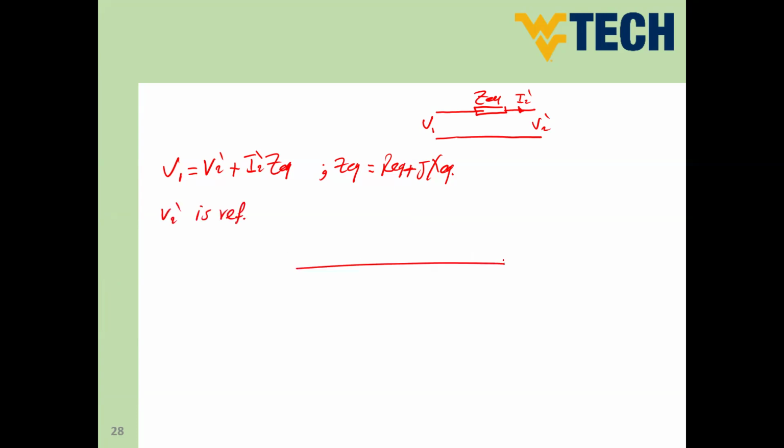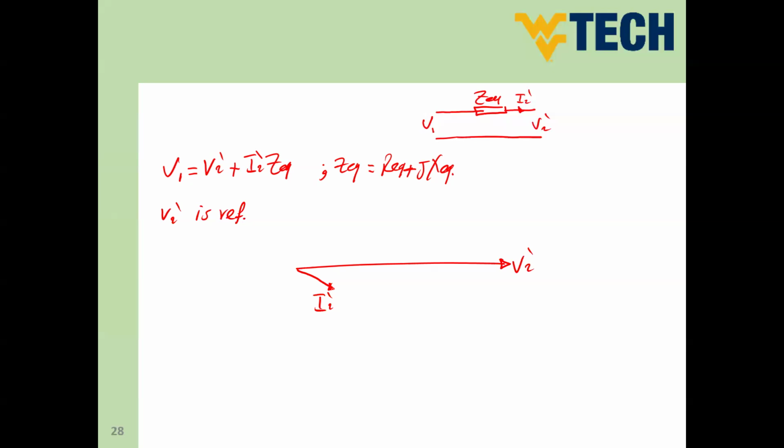If you draw the phasor diagram of this circuit and this equation, consider that V2 prime is the reference. So this is V2 prime, and most probably our loads are lagging loads, so they take reactive power. In this case, assume that I2 prime is lagging like that.